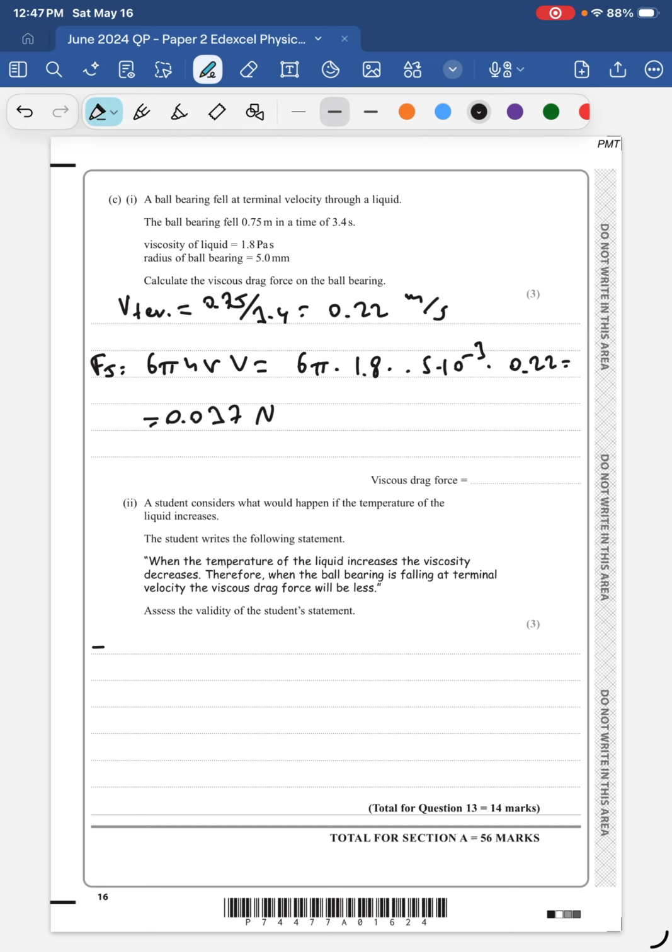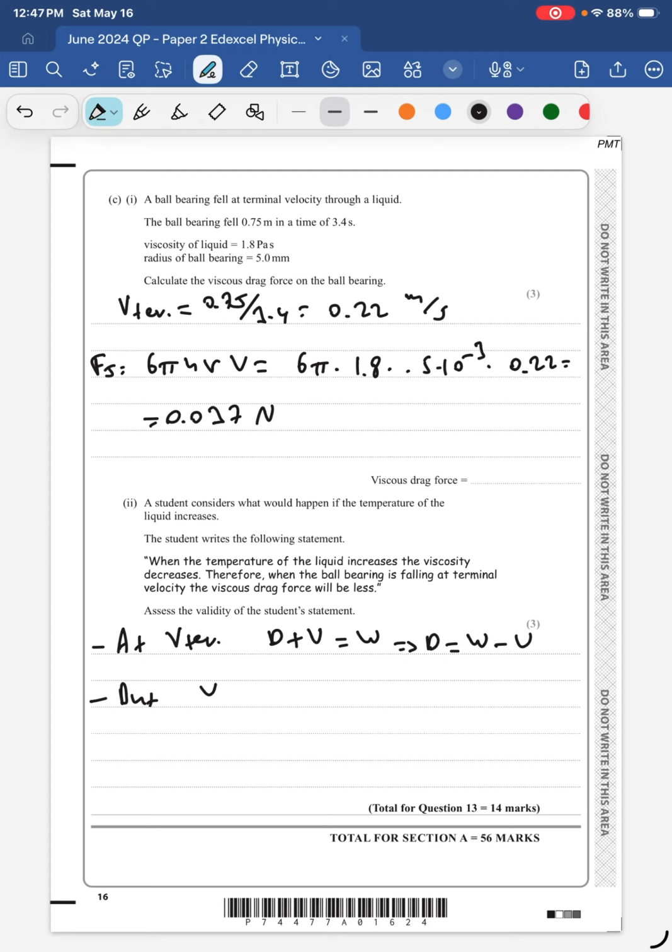So, the first observation is that at V terminal, the drag plus upthrust equal the weight, okay? So you can solve for the drag force, which is weight minus upthrust, okay?